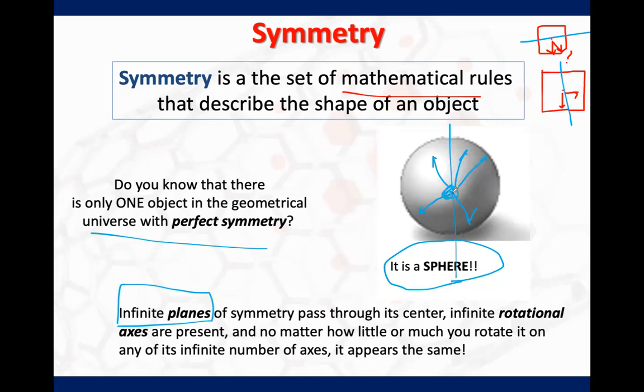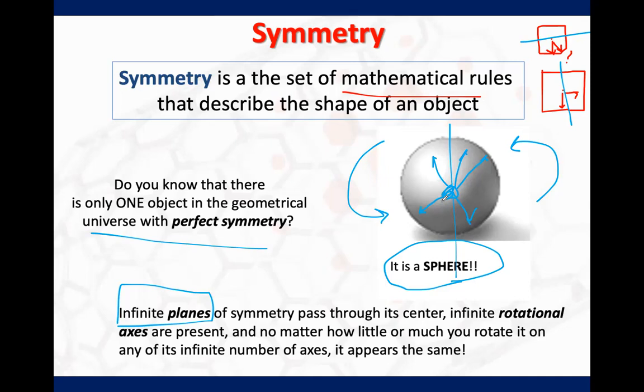And also, even if you rotate this sphere in different directions, whatever the direction that you want to rotate it, you can still preserve this symmetry. Whatever the angle you rotate and see, it won't change the shape, right?